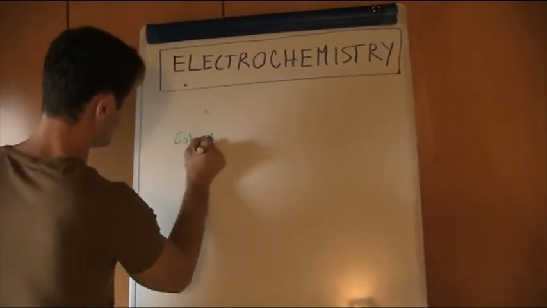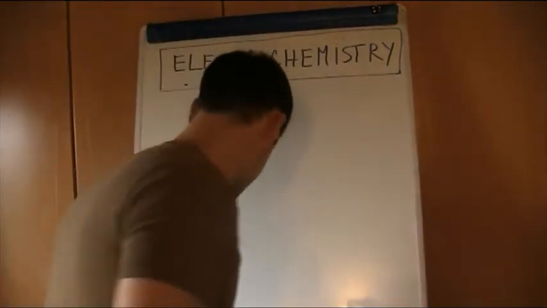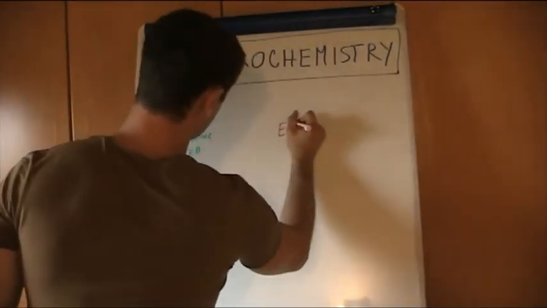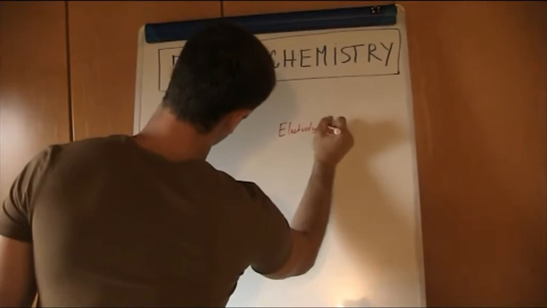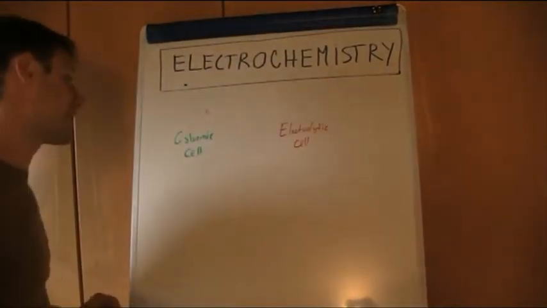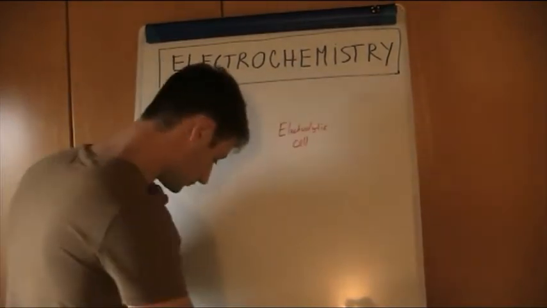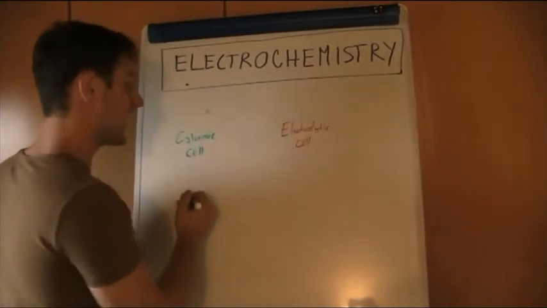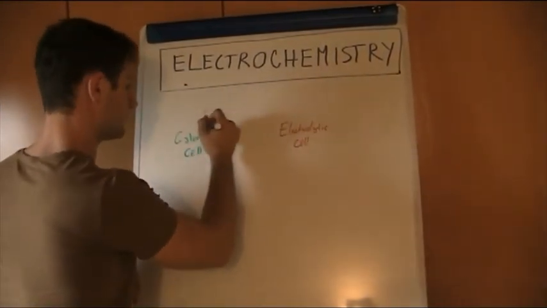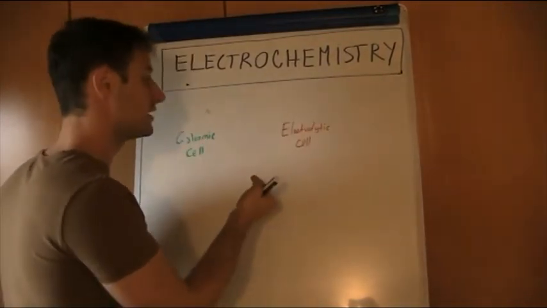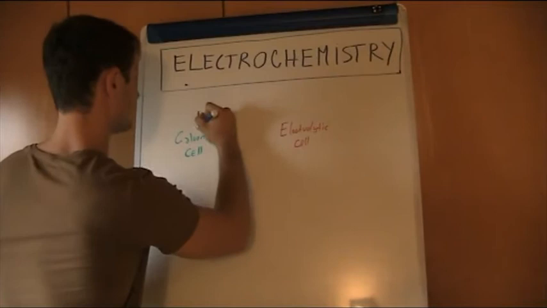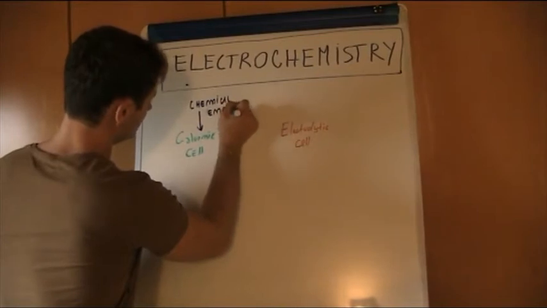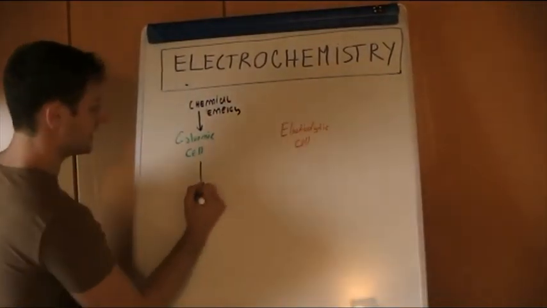Galvanic cell and electrolytic cell. So, a galvanic cell is a cell in which we exploit chemical energy in order to obtain electricity. So, from chemical energy, we want to obtain electricity.